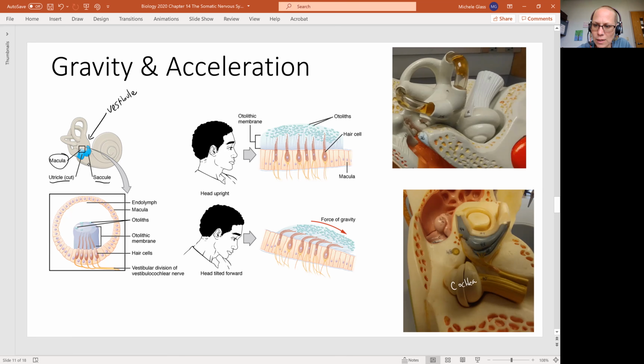And then actually cut is the semicircular canals. So they're actually broken off of this particular model. And so this area here is showing our vestibule. And so here you're seeing the saccule. And then here you would see the utricle.